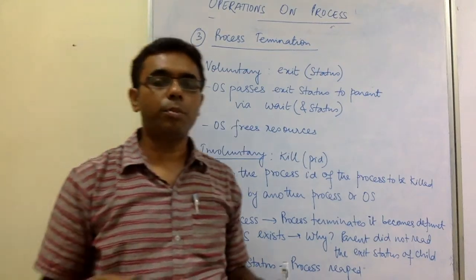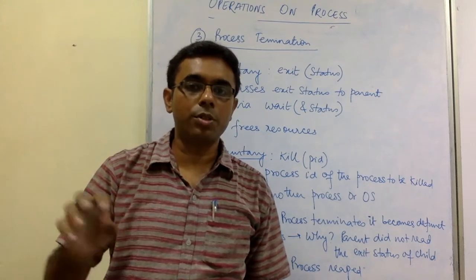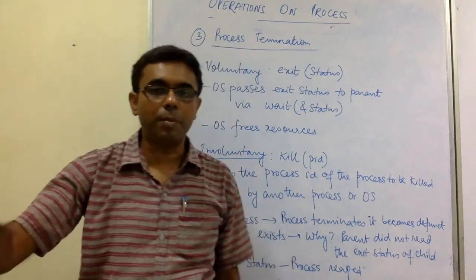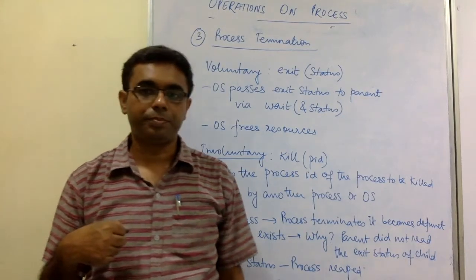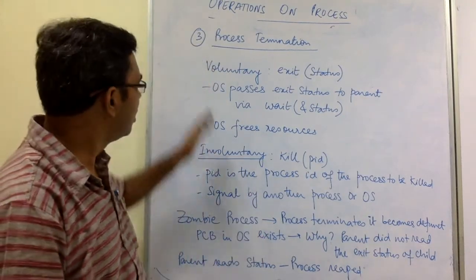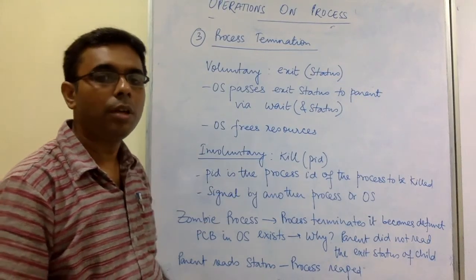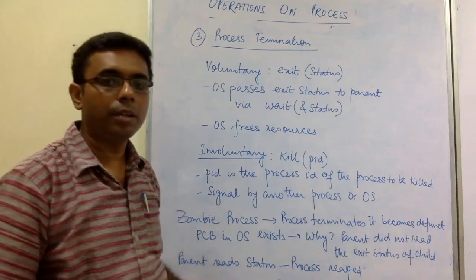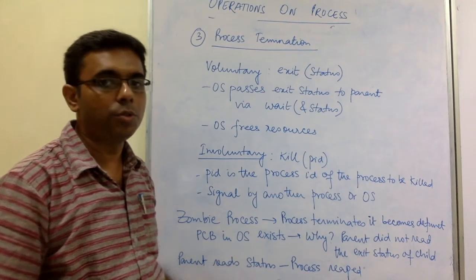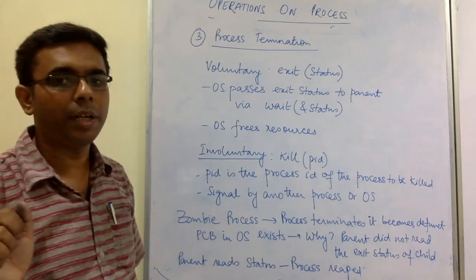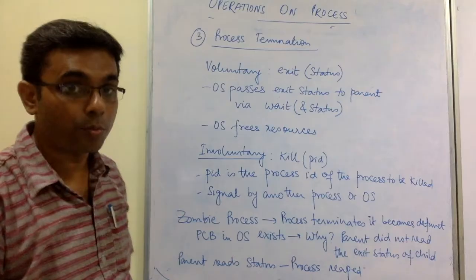Once a process has terminated, all the resources associated with that process are taken back by the operating system. That is the usual procedure: you complete the execution, you inform the parent that you have completed, and the parent knows that because it has used the wait system call, and the OS automatically takes back all the resources, that is, all the space that has been given to the process.